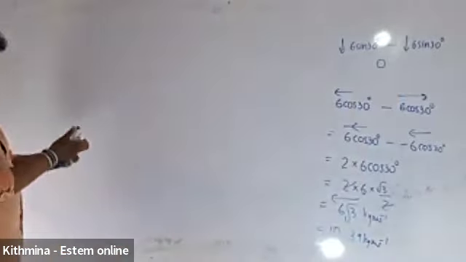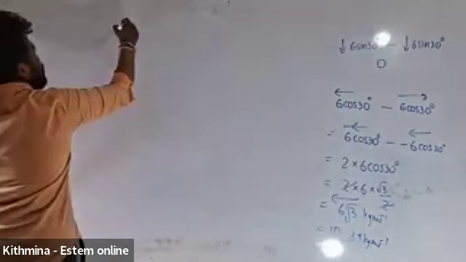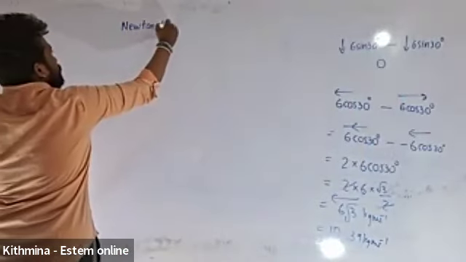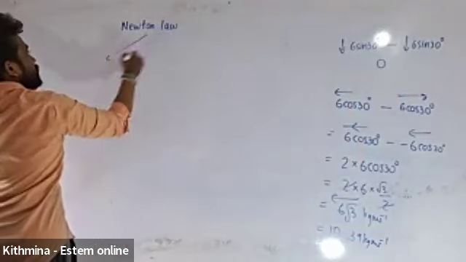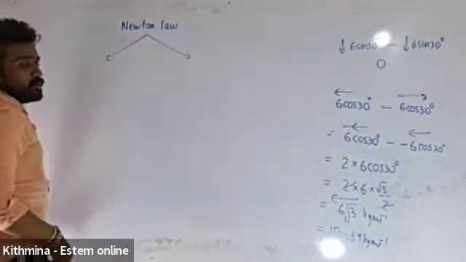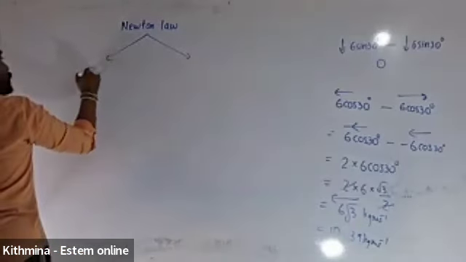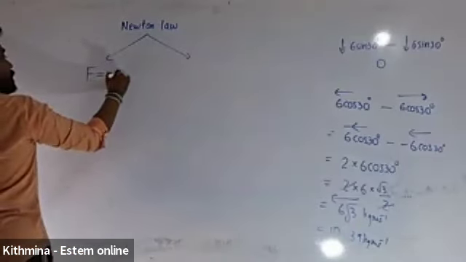Now, in Newton's laws, there are only two types of questions. The one type is using F equals ma.